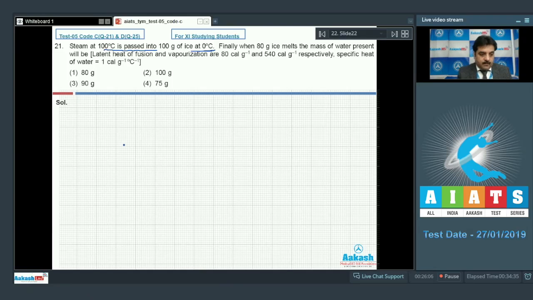Okay, so now first I would like to say Q is mL, where L is the latent heat, you know the formula. So first I need heat given by steam, and that is equal, by the principle of calorimetry, to heat taken by ice.